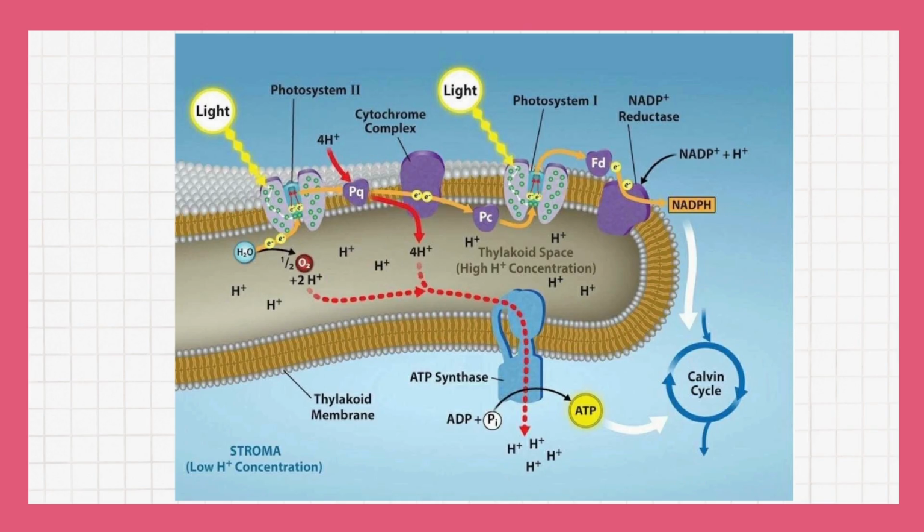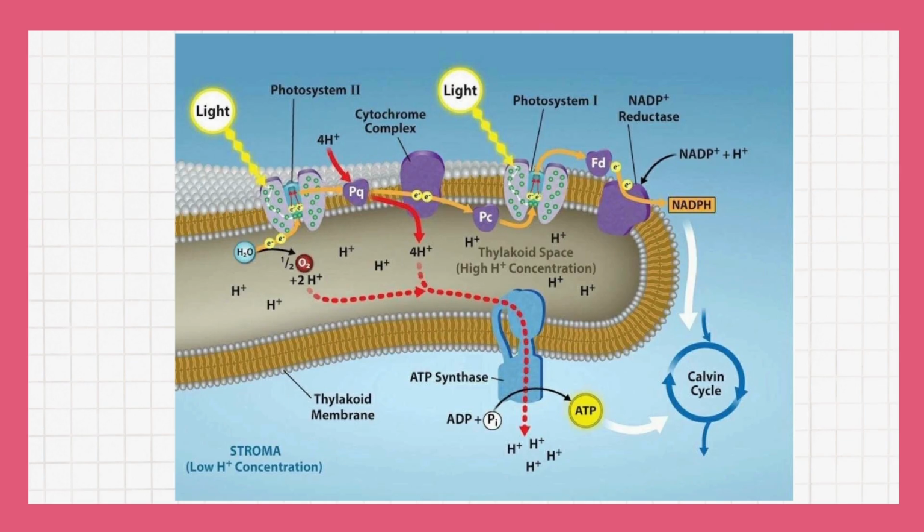The light that it allows to enter is specifically only 700 nanometers, and once it enters photosystem 1, it re-energizes the electrons. Once the electrons are re-energized, they move to what we call the ferredoxin. Once it passes through the ferredoxin, it begins to create what we call NADPH.